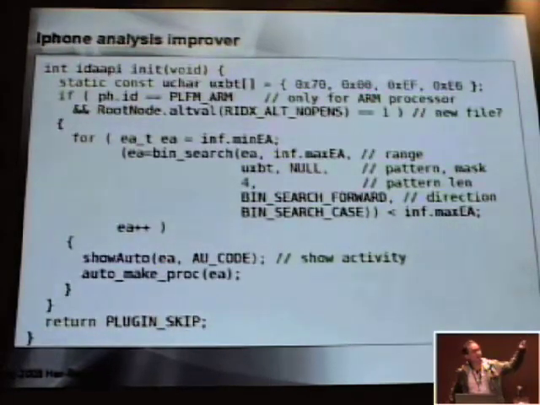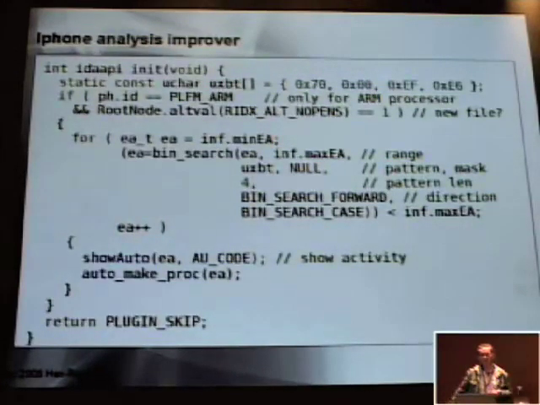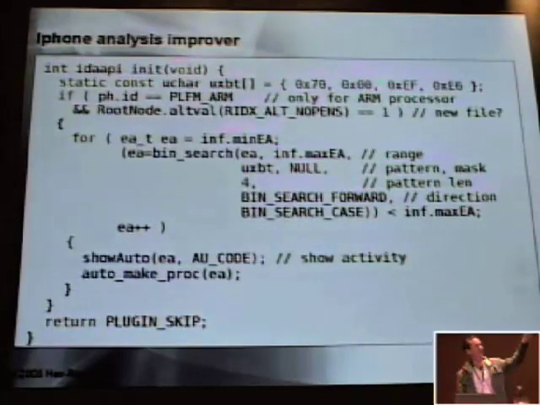It's a very simple plugin, and the same pattern can be used for any byte sequences, not only for this particular instruction. You can add many other byte sequences as well. And you see that the plugin works at the beginning, at initialization time, and after that it doesn't do anything.